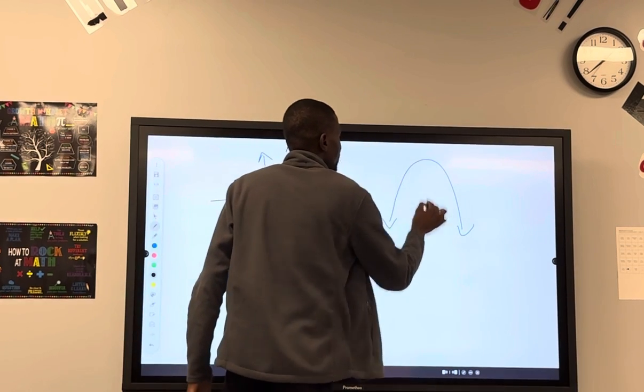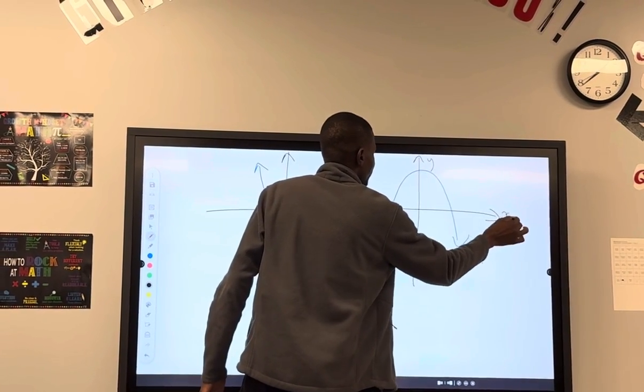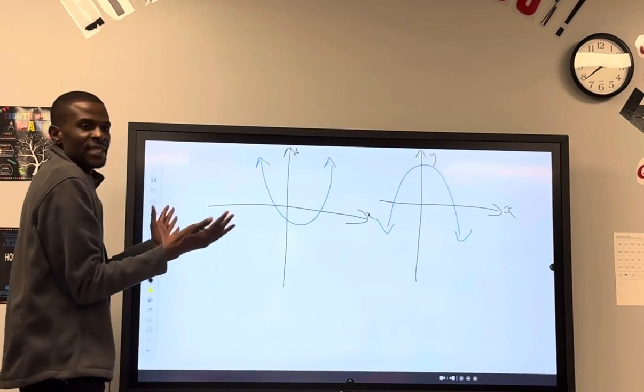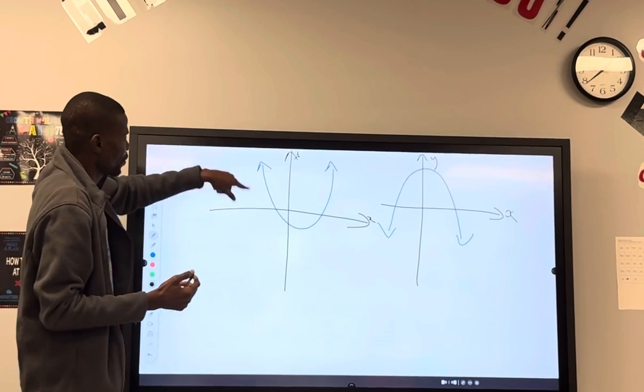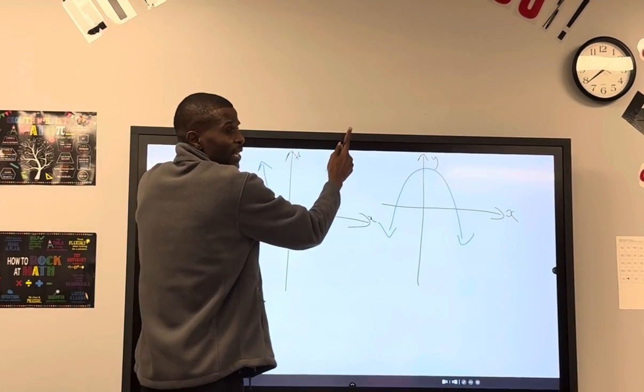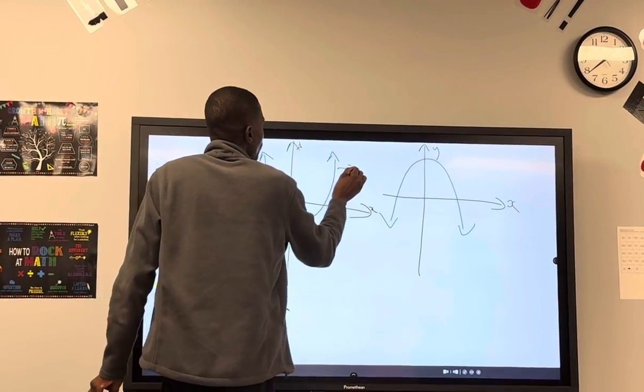Increasing and decreasing? So what it means is that as the graph continues to go up, it's stretching on both ends. Hence, we need all values.